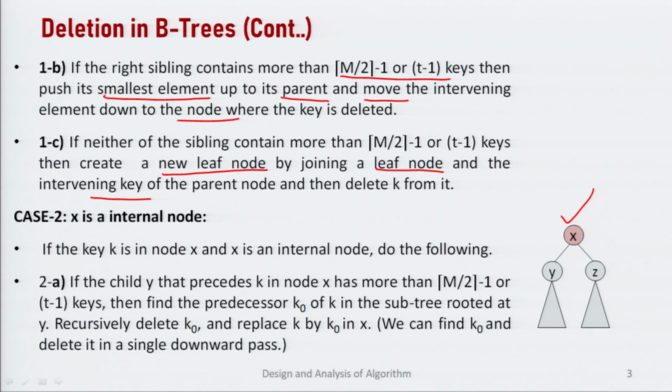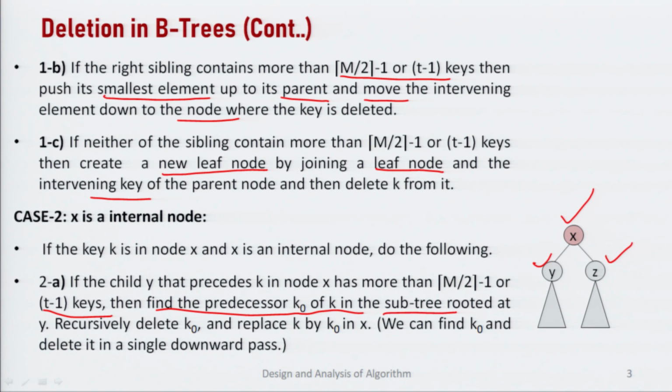If we want to delete a key from node x and x is an internal node, we will first look towards the left child. Basically y is the left child and z is the right child of it. Now, if its left child y has more than the minimum keys, t minus 1 keys, what will we do? We will find the immediate predecessor k' of k in the subtree rooted at y.